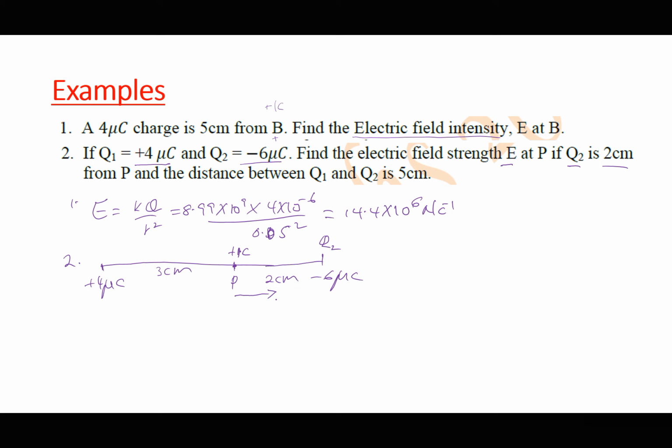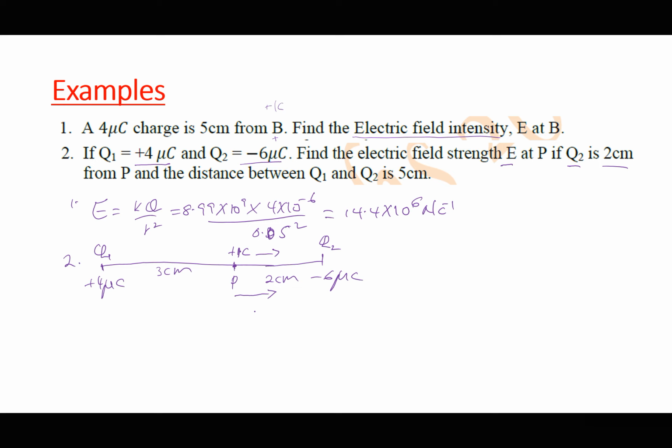I mean, it is negative. It will attract our unit positive charge. Yet at the same time, Q1, which is positive, is going to repel it to the right. So it means the resultant force is on one side. It is towards Q2. So the resultant electric field should also be towards Q2. So that one I will just add. Remember, it is a vector quantity. Vector addition can apply here.